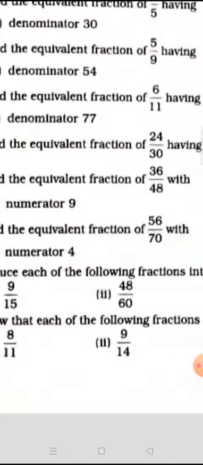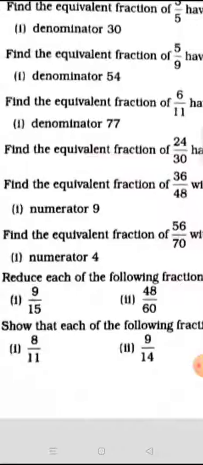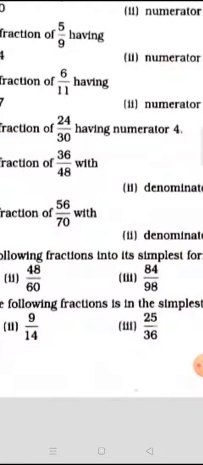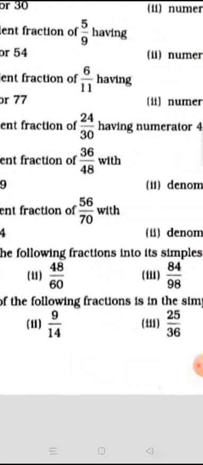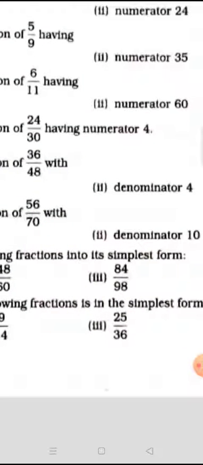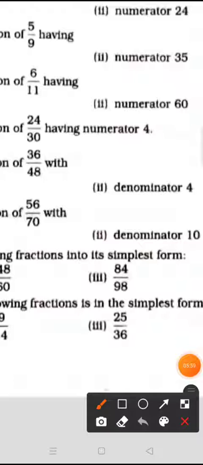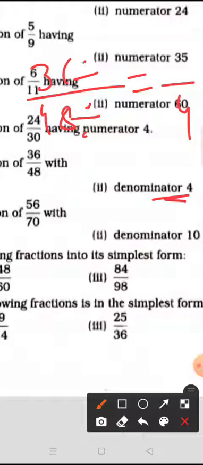See the 7th question. Find the equivalent fraction of 36 upon 48 with numerator 9. Very simple. I have already told you in question number 6. Here I have taken one more part for you. Suppose I am taking how you have to find the denominator. The question is 36 upon 48. Here we have to make the denominator 4. So how many times do you have to divide?